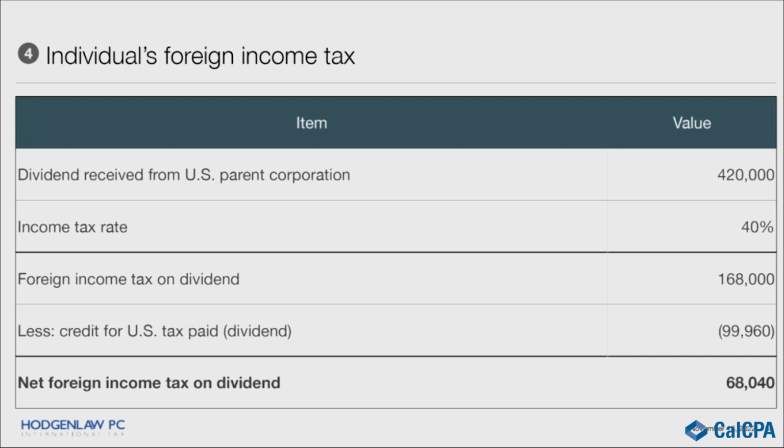Now, you remember I made a heroic assumption that their foreign tax credit rules applicable to individuals apply roughly equivalently to the way that we do it.